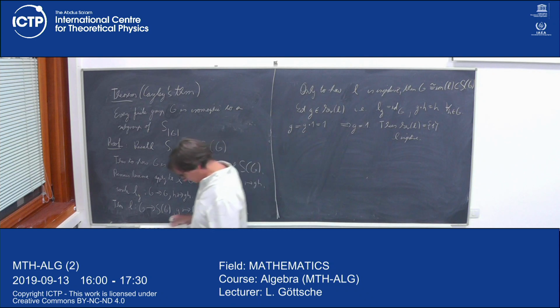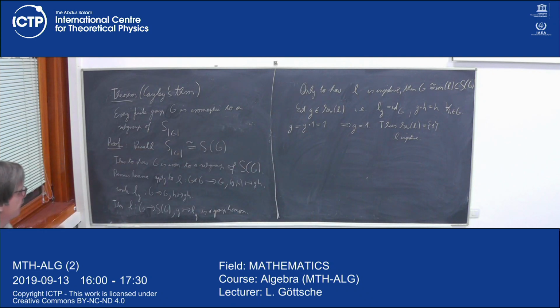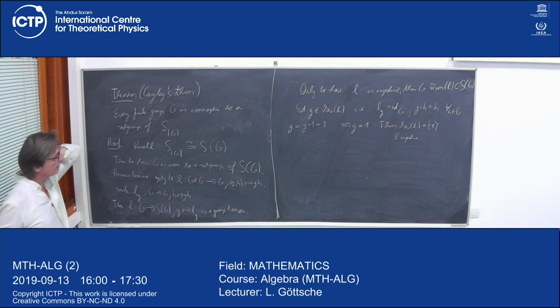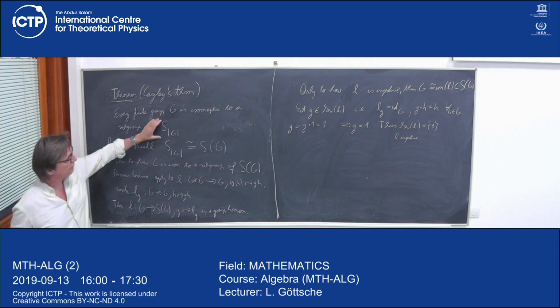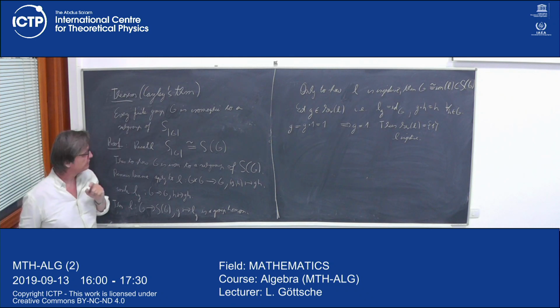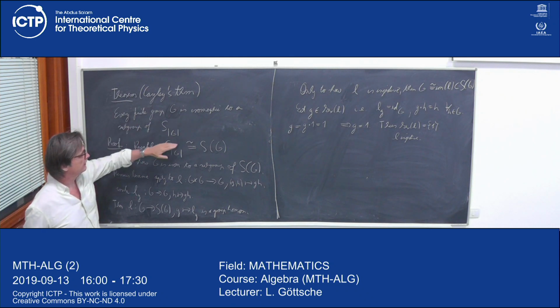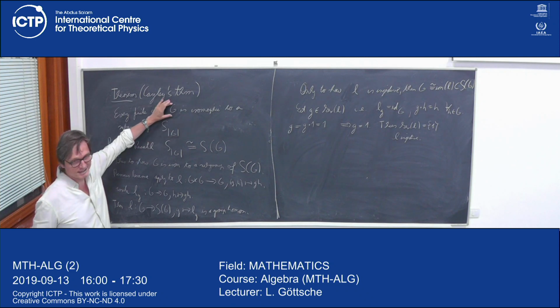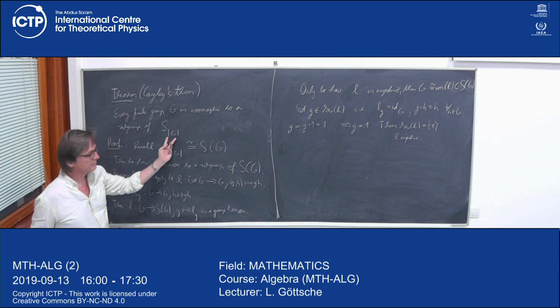Okay, so therefore we see every finite group is isomorphic to a subgroup of this symmetric group. This is maybe not extremely efficient because after all this group has as many elements as G, obviously, and this has as many elements as |G| factorial, which is much, much bigger.